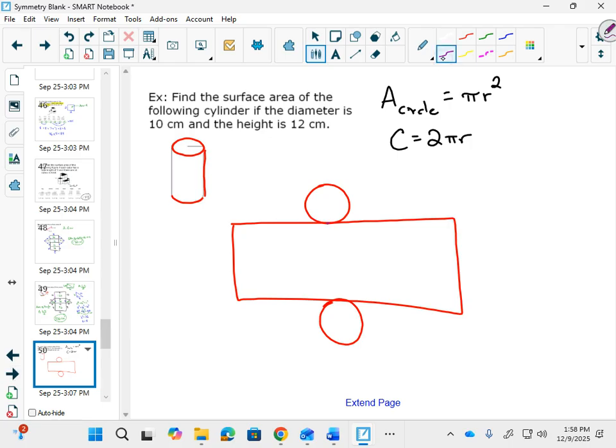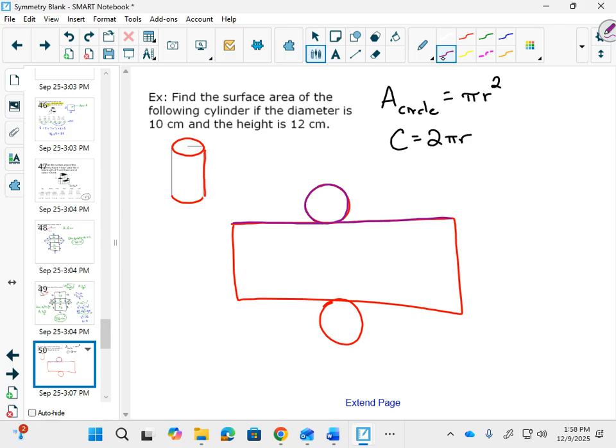And does it make sense that if I started here and went all the way around this circle, that that's exactly the same length as the paper I took off, right? Because when I have that paper around there and make that perfect circle, that's the length of my paper when I opened it up. This is exactly the same as the edge of that circle. So we need the circumference of a circle formula. We definitely have to use our calculator for this one.